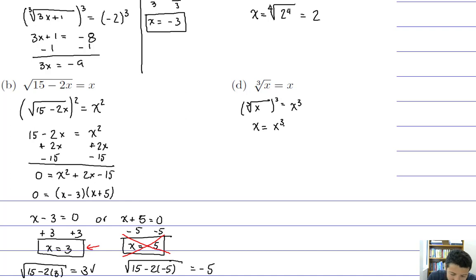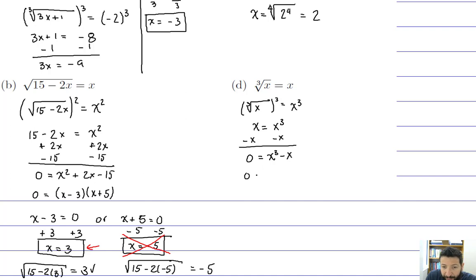Now remember, last time I told you that you don't divide by x on both sides and get x squared equals 1, because that would be a problem. That would eliminate one of your solutions, which is x equals 0. Instead, you can subtract x on both sides, and you get 0 equals x cubed minus x.